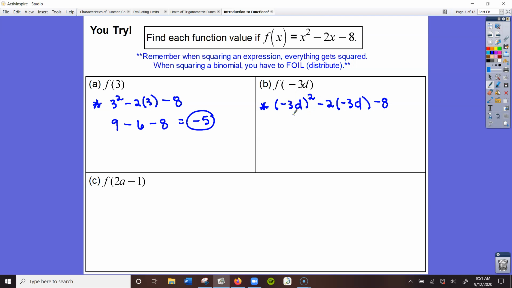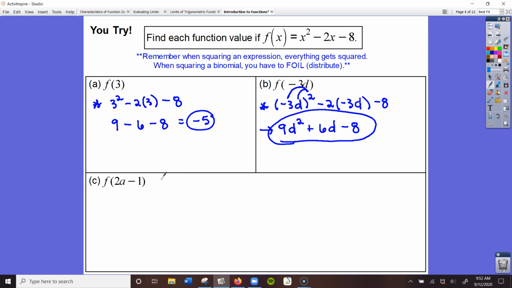If you have a monomial, meaning one term that is getting squared, you can simply apply that exponent to every term. So this would give me a positive 9d squared plus 6d minus 8. See, it's already in standard form. There's nothing left to combine, so this would be my answer.